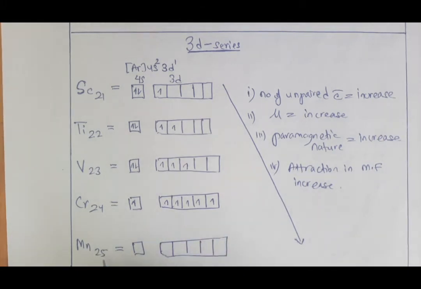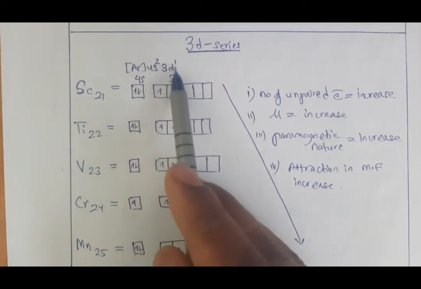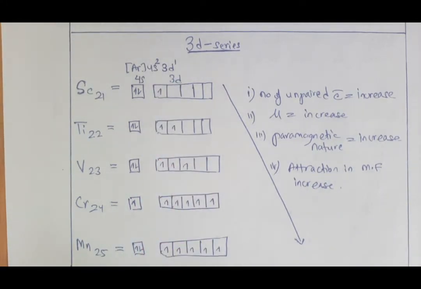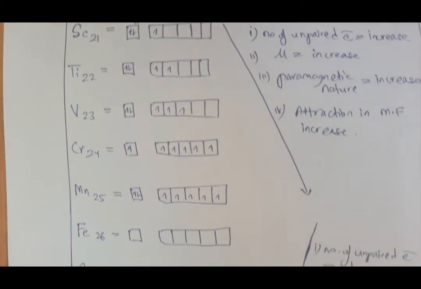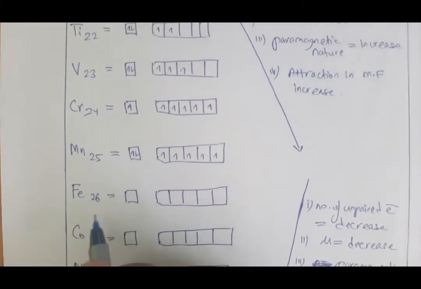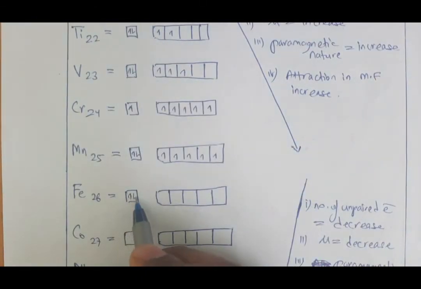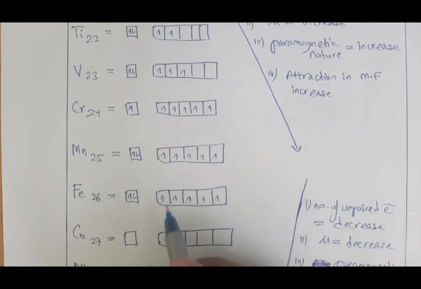Now for manganese, 25, so we write 4s2, 3d5. Now when you make it for iron, students, argon, then 4s2, then 3d becomes 6. So 1, 2, 3, 4, 5, 6.